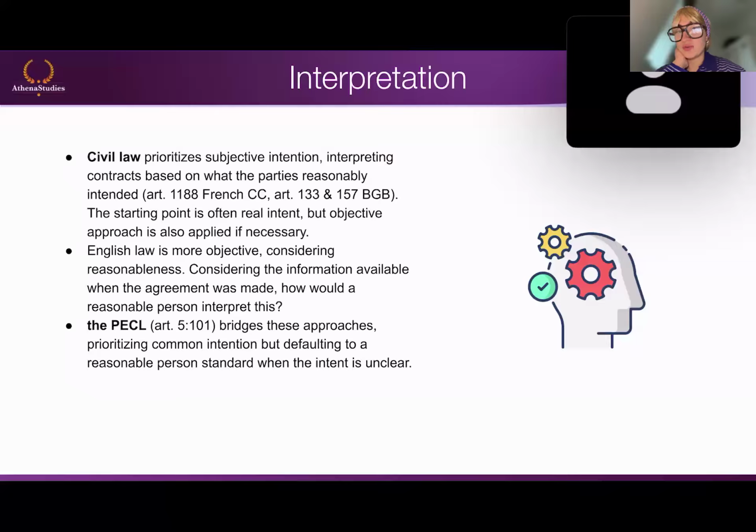And these are the articles for each of the jurisdictions we have. But take into account that even though it is subjective, often this approach is unclear because you cannot really determine what the party reasonably intended. And this is where the objective approach also comes into play in civil law.